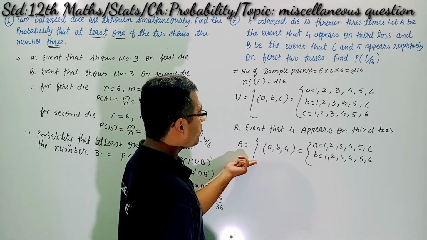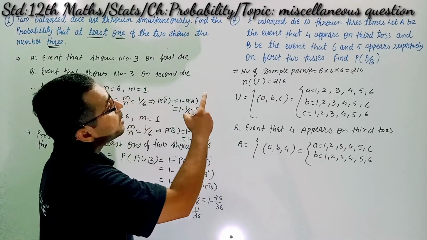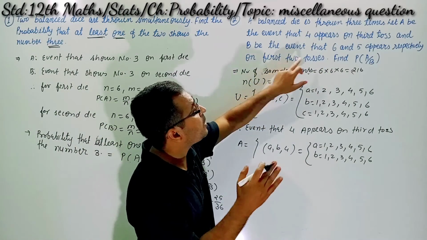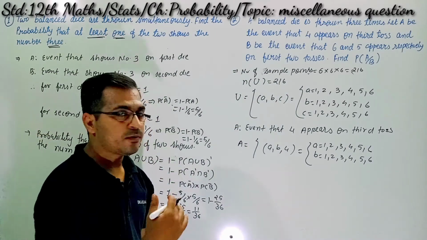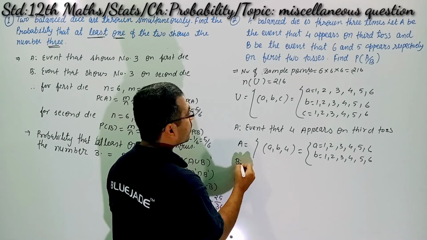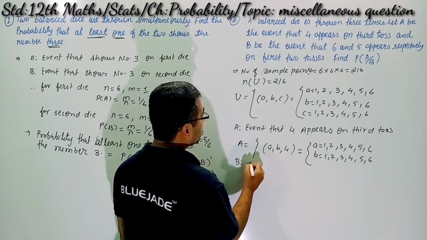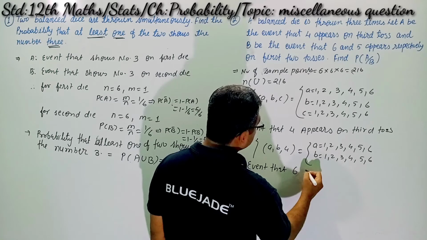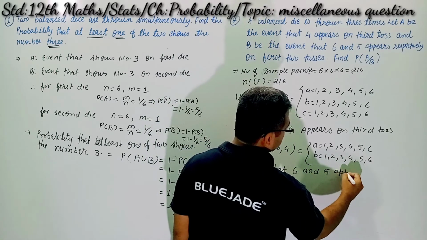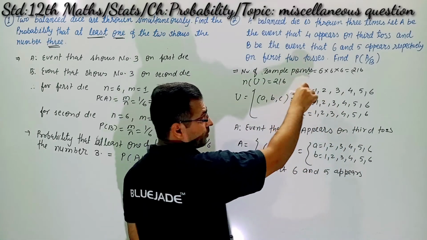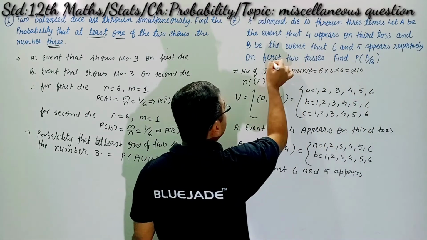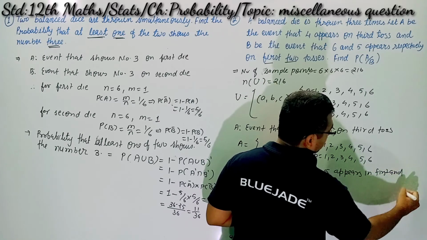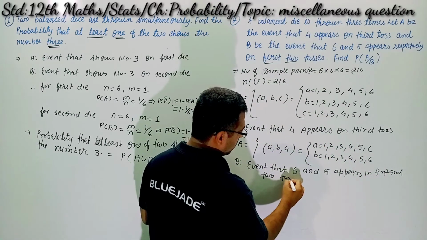So from here you can see that B is the event that 6 and 5 appear respectively in the first and second tosses.